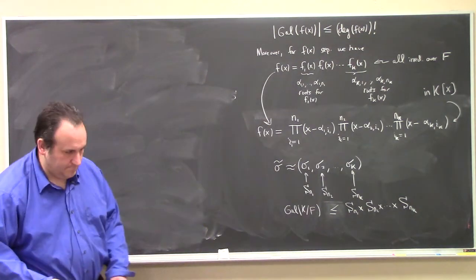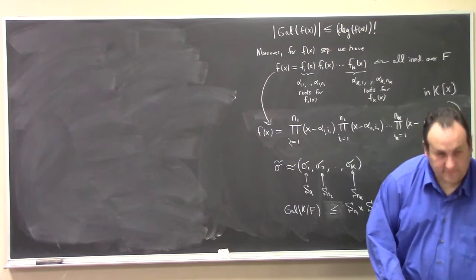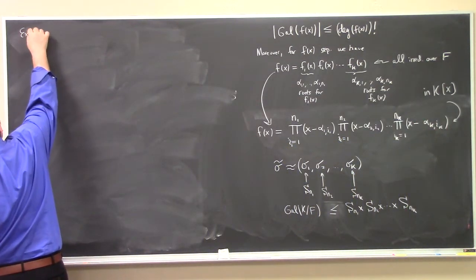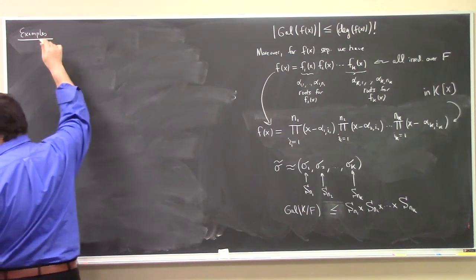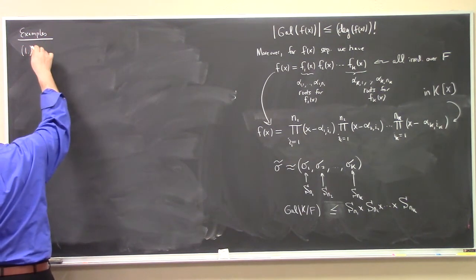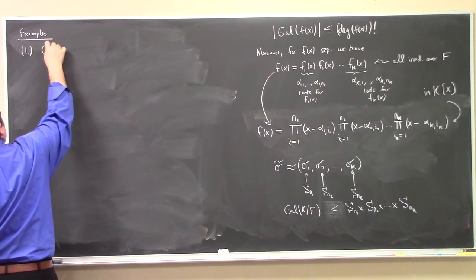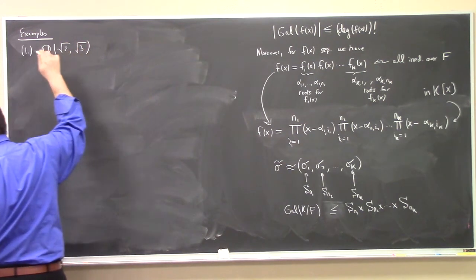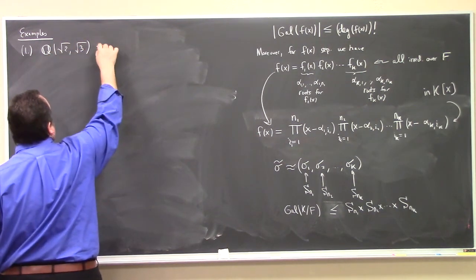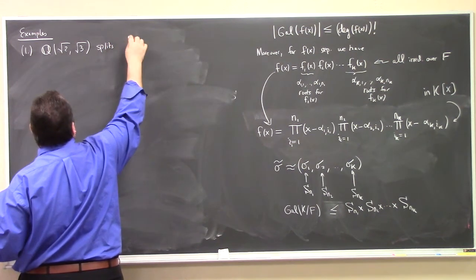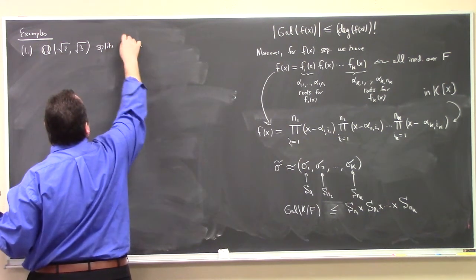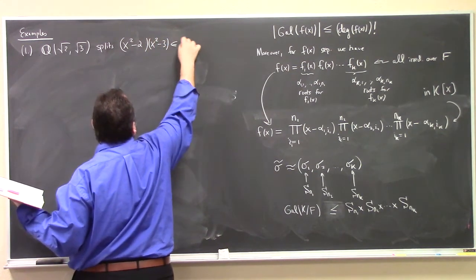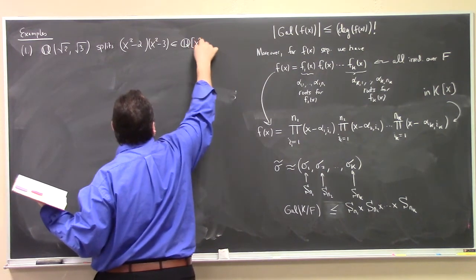All right, so I think we've seen these examples before. One, if you look at the biquadratic extension, this guy splits x squared minus 2 times x squared minus 3 over the rationals, right?